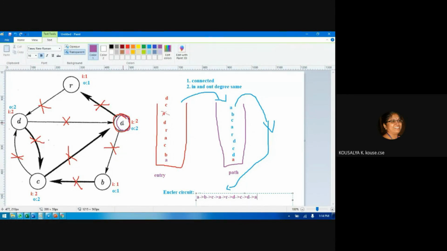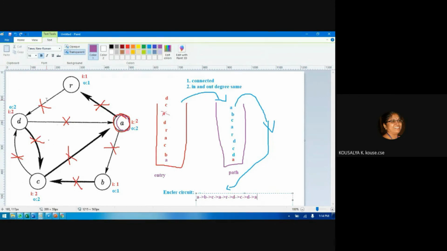Now you check, starting from A to B, B to C, C to A, then A to R to D, then D to C, C to D, D to A. That means all the edges are here.